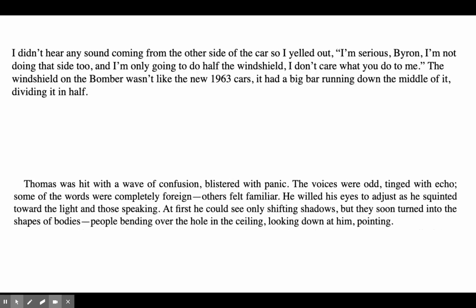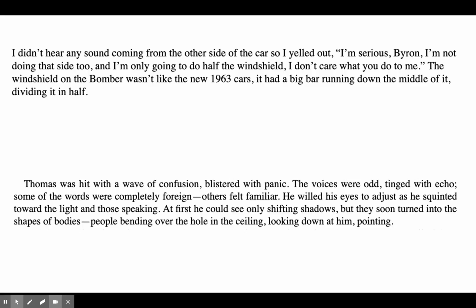Let's look at this one. This is from The Maze Runner, another great book. I highly recommend that. "Thomas was hit with a wave of confusion, blistered with panic. The voices were odd, tinged with echo. Some of the words were completely foreign, others felt familiar. He willed his eyes to adjust as he squinted toward the light and those speaking.